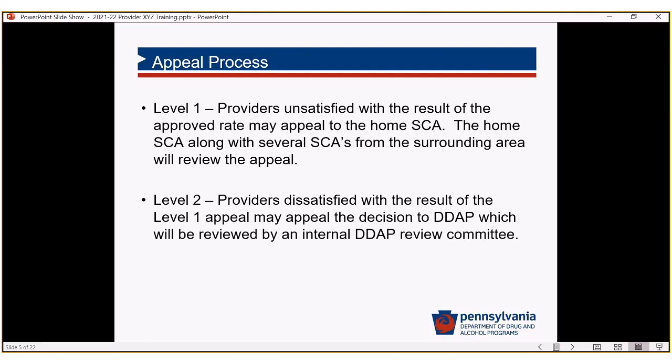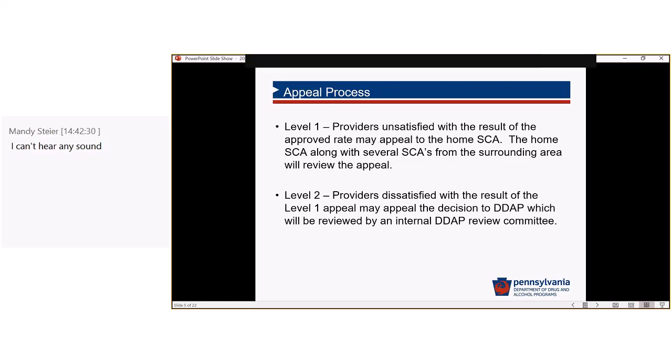Generally, the appeal committee at DDAP involves Steve as the special assistant to the secretary, myself as the bureau director for quality assurance and administration, typically involves Erica as the representative from program monitoring, and may involve other folks from the SCA or DDAP as we deem necessary in order to have the most comprehensive information to be able to make a determination on the appeal.